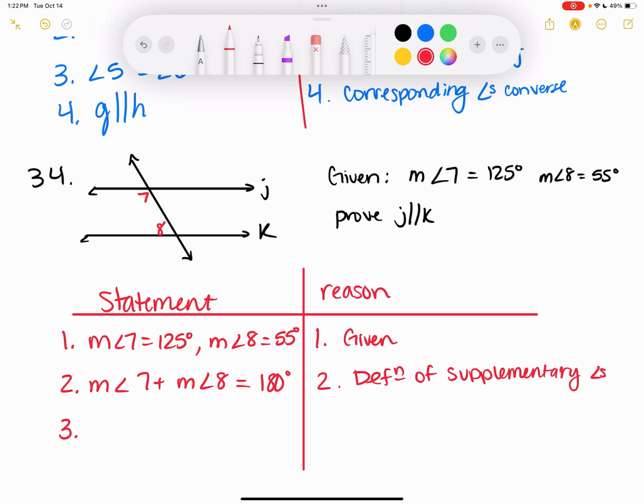So then, based on that, what else do I know then? Or what can I say then? 125 degrees plus 55 degrees equals 180 by the substitution property. Yep, 125 plus 55 equals 180 by substitution.